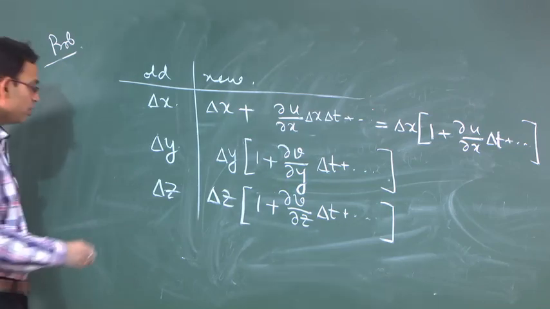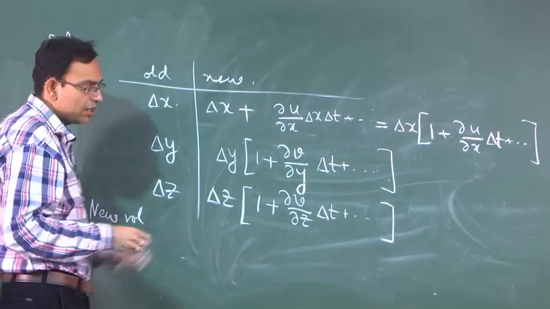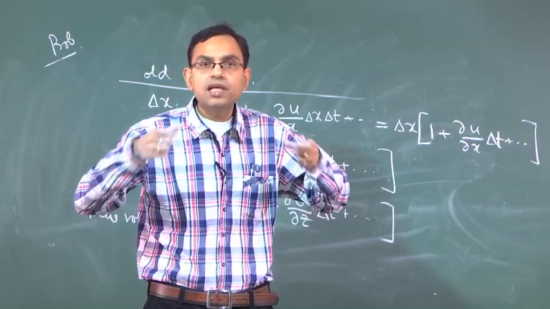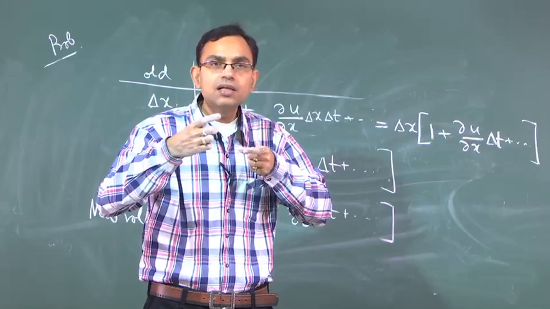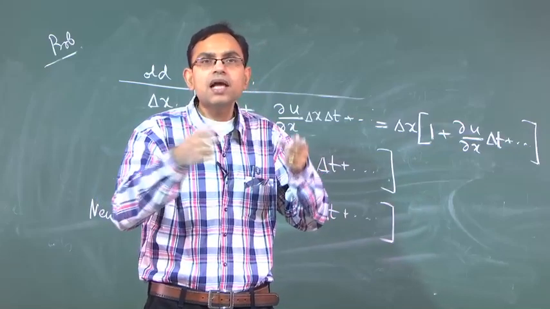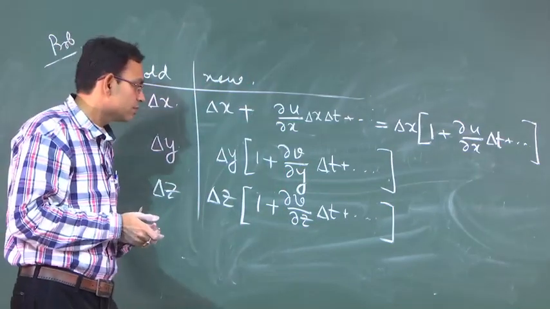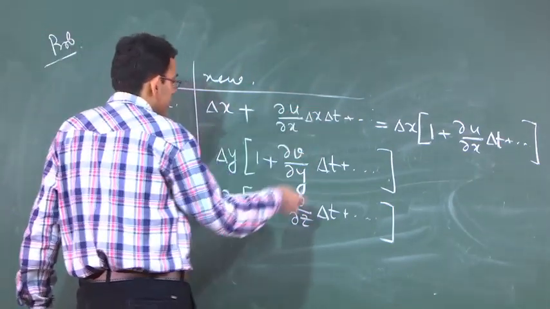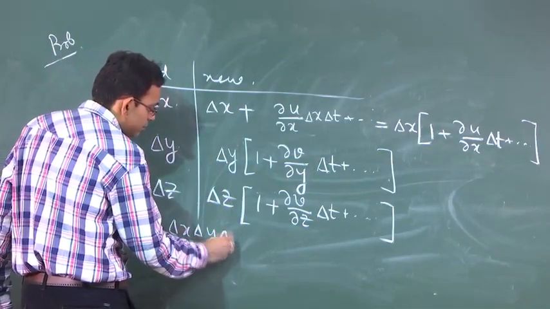So, what is the new volume? If you have a rectangular parallelepiped shape with dimensions delta x, delta y, delta z, the old volume was simply delta x into delta y into delta z. But what is the new volume? The new volume is the product of these three, delta x, delta y, delta z.